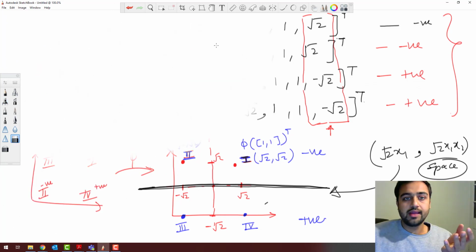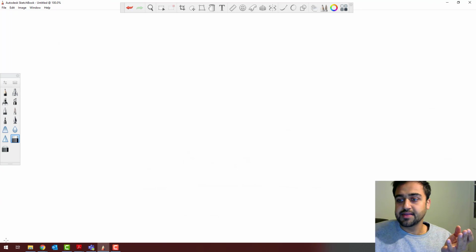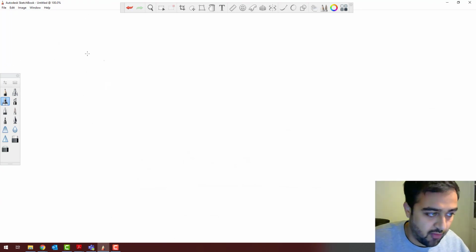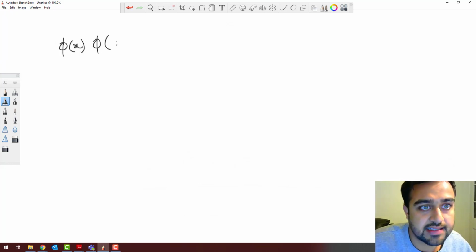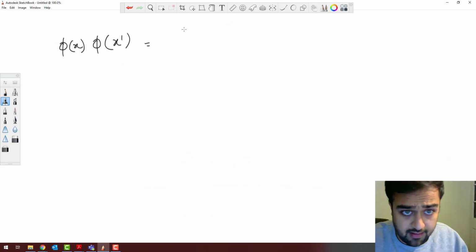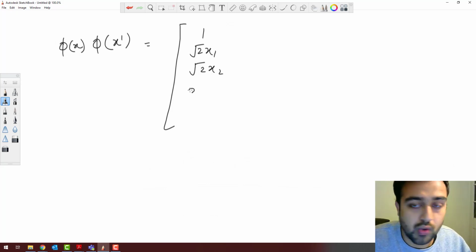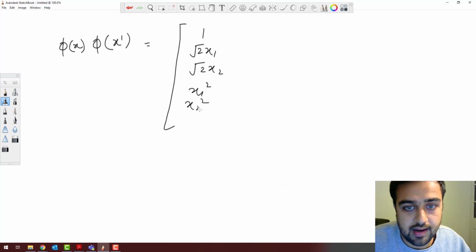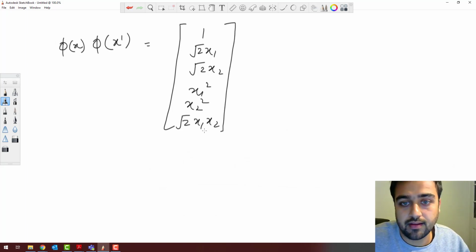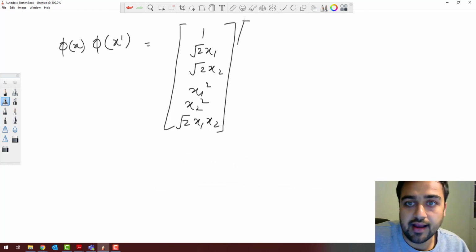So now you must be wondering, how did we get to using the six-dimensional feature space, right? So let's proceed forward. Let's try and find out phi of x and phi of x dash. Like this x dash is basically y, right? So you get 1, root 2 x1, root 2 x2, x1 square, x2 square and root 2 x1 x2, right?